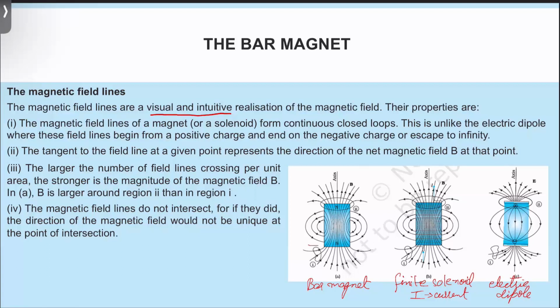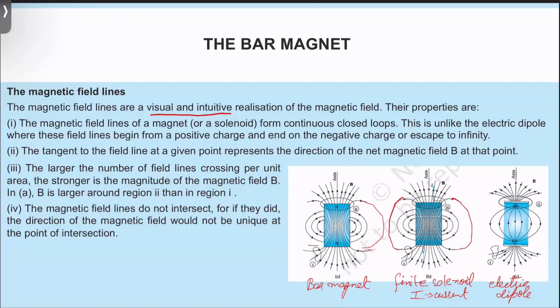Over here, this one looks like it's not ending, but actually it will join here and become a loop. So these are closed loops, but that is not the case when we consider an electric dipole. Even for a solenoid, you can see that there are closed loops.